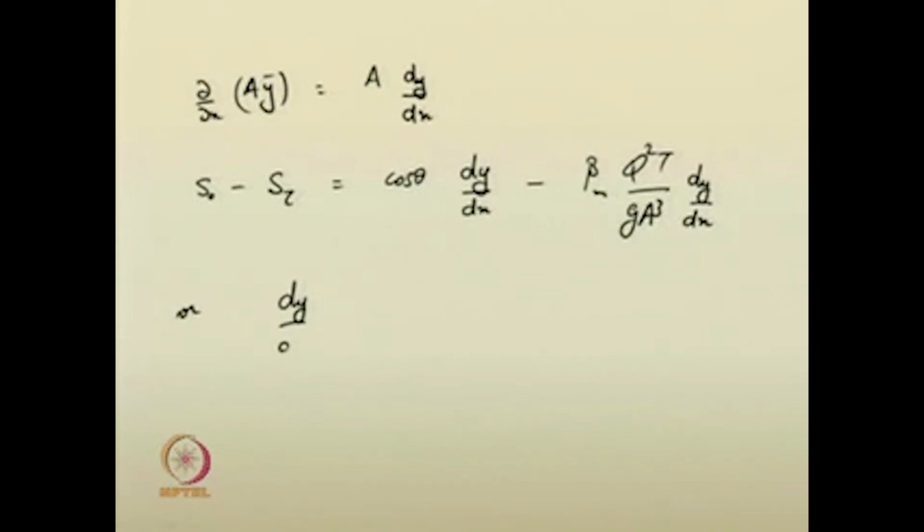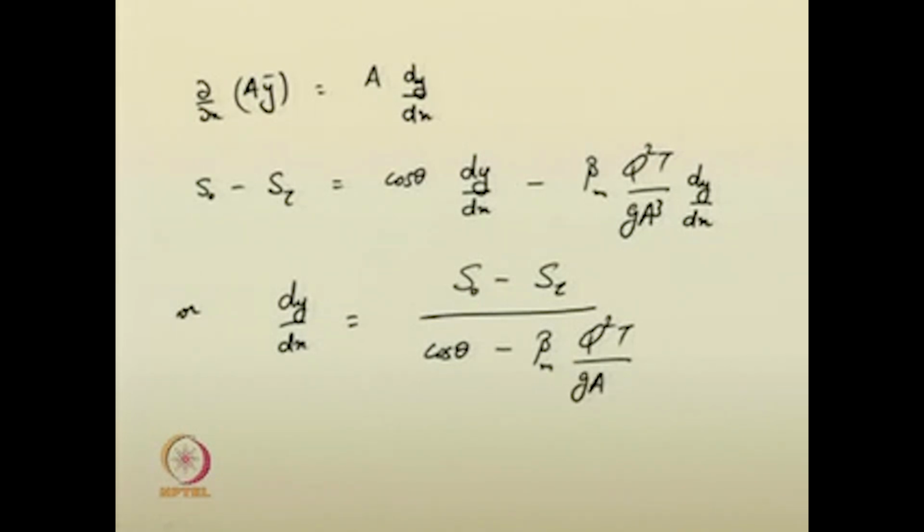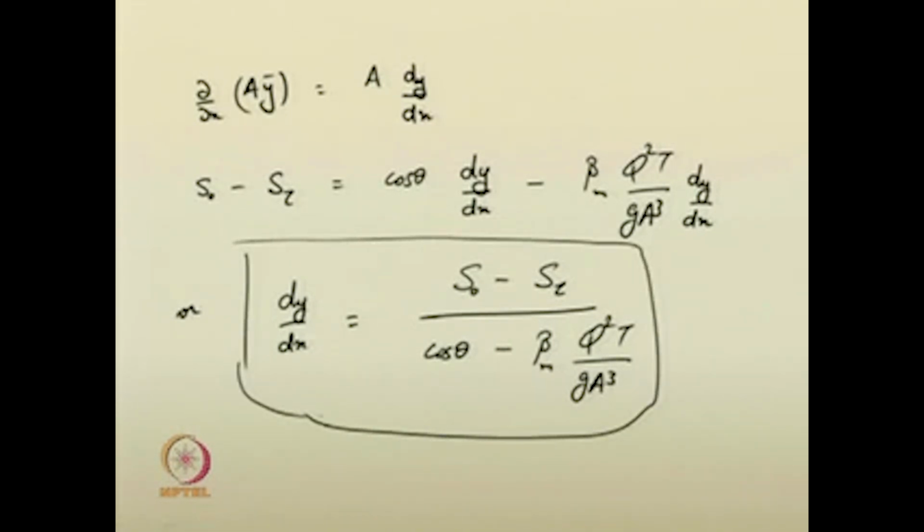S 0 minus S 2, S 2 is equal to cos theta into dy by dx now, minus beta m q square T by g A q dy by dx, or your dy by dx is nothing but S 0 minus S 2 by cos theta minus beta m q square T by g A q. So, this is the most fundamental equation in the gradually varied flow.